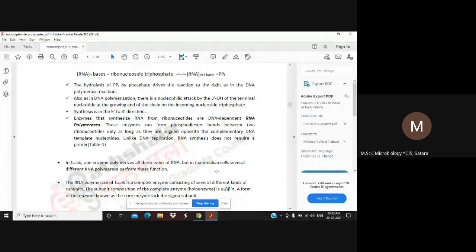RNA. कुठला प्रायमर असतो? Ma'am, repeat the question. Okay. In DNA replication, which is the primer used? Whether it requires a primer or not?